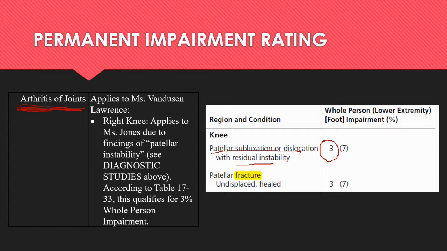Now, because this patellar instability is due in some measure to the pre-existing non-industrial condition of patella alta, this permanent impairment rating is subject to some portion of apportionment. So let's review the qualified medical evaluator's apportionment argument.